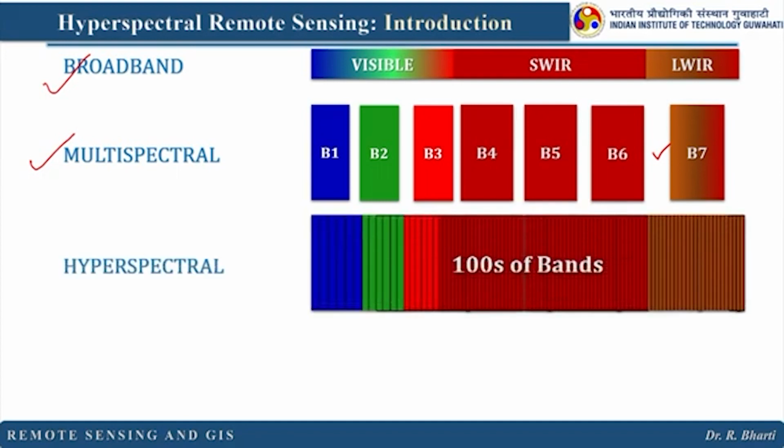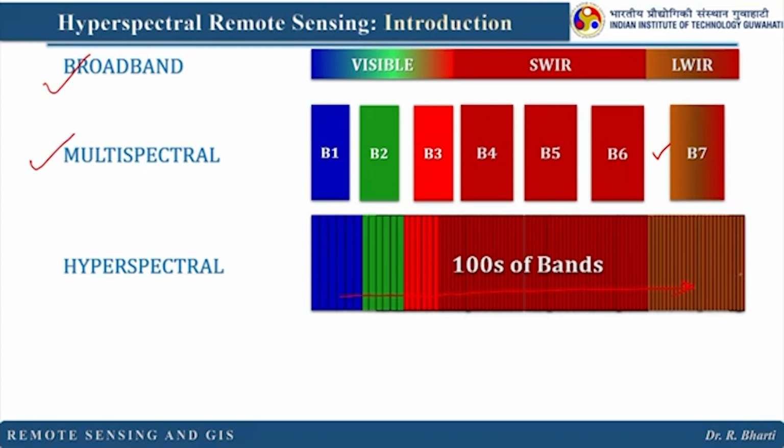In the third case, we have hyperspectral. Here you basically have hundreds of bands, and you can see there is no gap at all. In the definition itself, hyperspectral means contiguous bands in narrow band channels, right. So, here you have hundreds of bands, and there are many bands available.